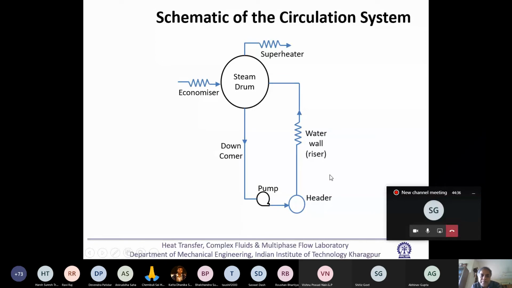The steam drum is a very long cylinder of large diameter, and at different points these risers are coming. At the bottom also, there should be a long cylinder from where the risers are emerging. So that is the header.